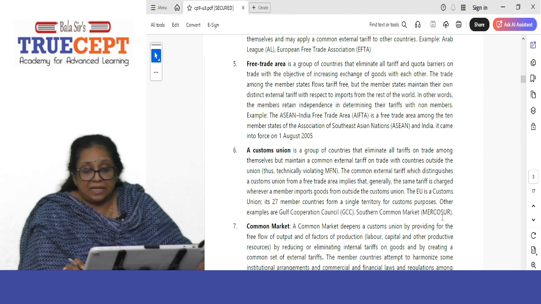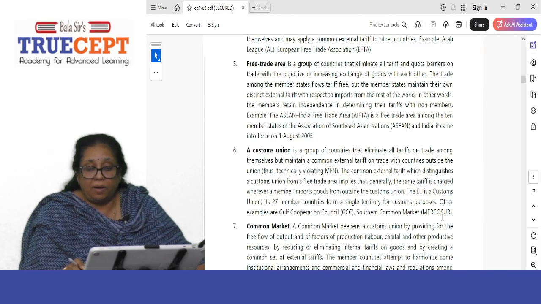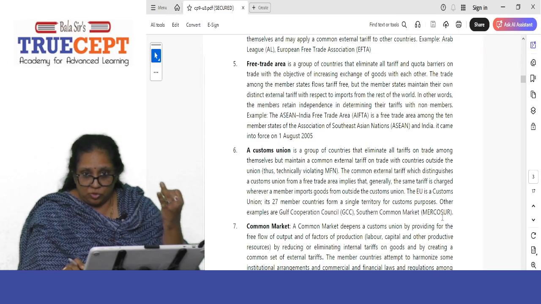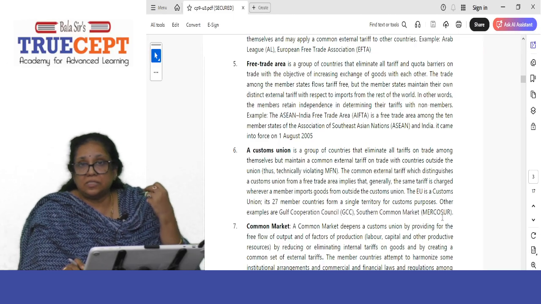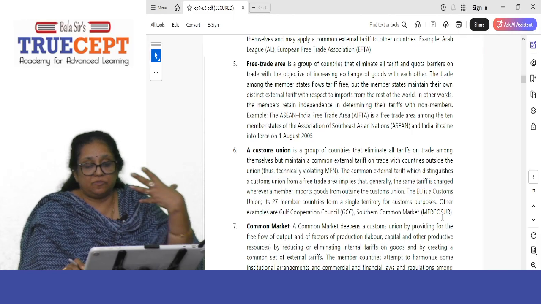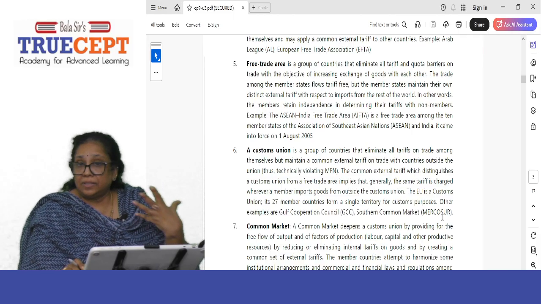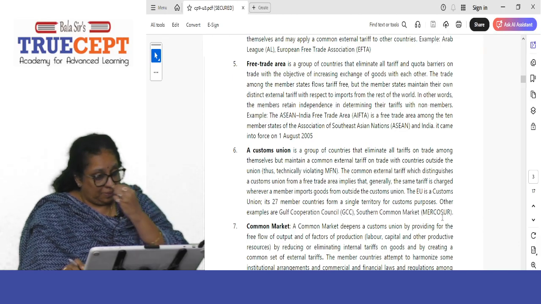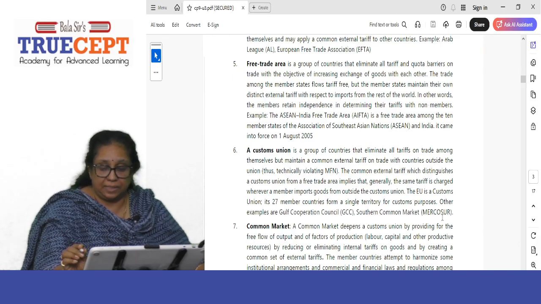Then what is the difference? They maintain a common external tariff on trade with countries outside the union. So the first two are right and the third one is wrong. So which is not a part of what distinguishes a free trade area and a customs union? They might ask a question that way. So understand the difference and study.